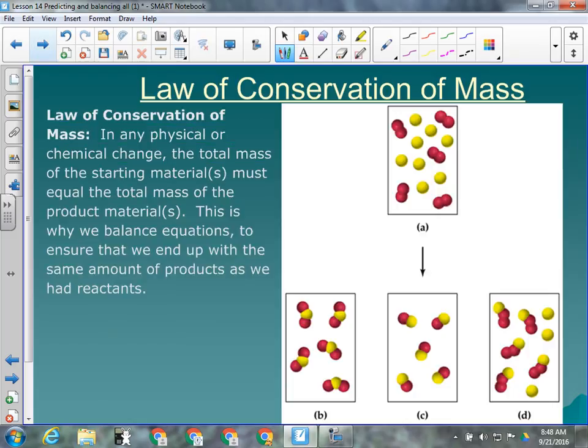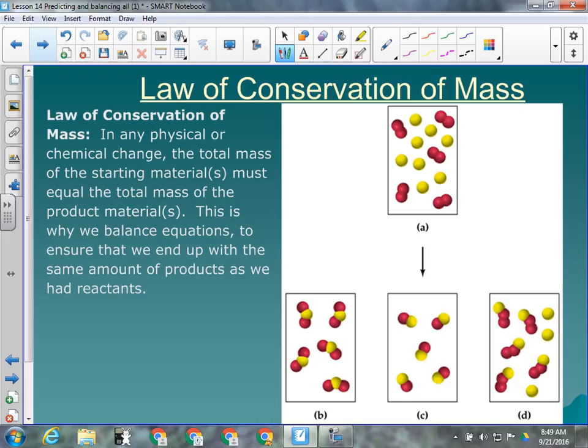In which one of those pictures, B, C, or D, is mass being conserved? D. Over here, there aren't enough yellow atoms.